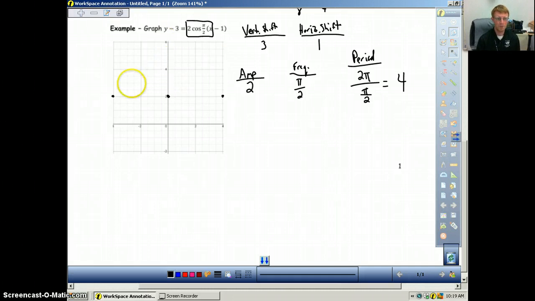So if I know that I'm going to be at +2 at these values, I know directly in the middle I'm going to be at -2. Some of you want to draw this as a V, but it's really not a V, it's a curve. Now we know where all the zeros are going to be, exactly in the middle.